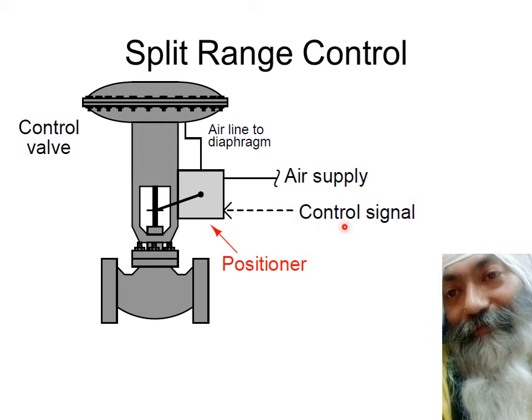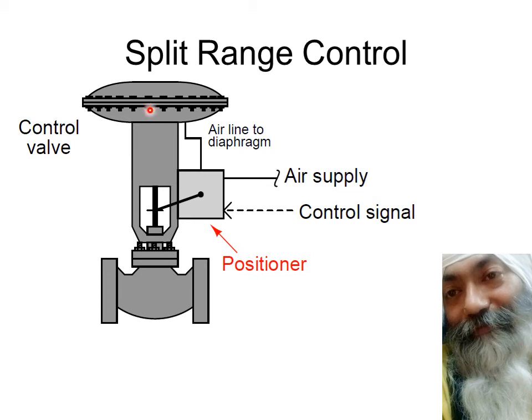As we have seen, the range 3 to 9 can be changed to 3 to 15, or 9 to 15 can be changed to 3 to 15, and so on and so forth. And the third and the most important aspect of valve positioner, especially for the bigger valves, is that it provides the volume amplification. The control signal may be coming from a small pipe which is not giving much volume flow rate, and we need to fill this big dome.